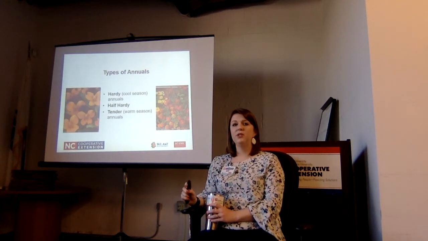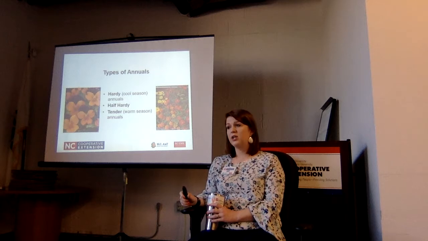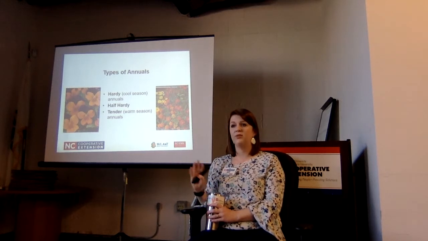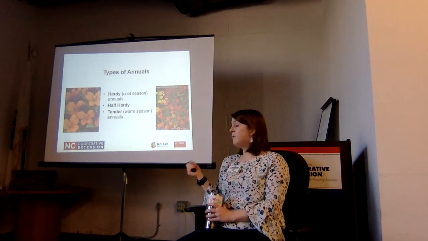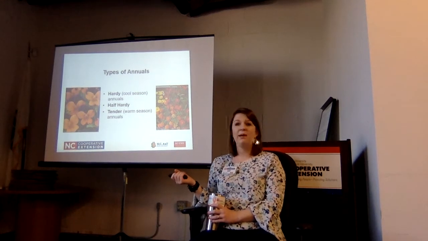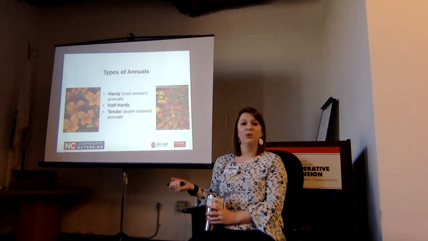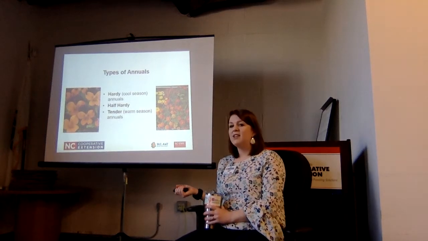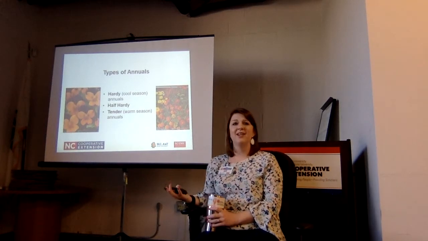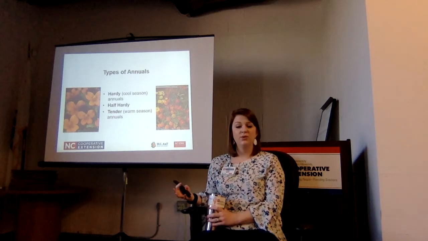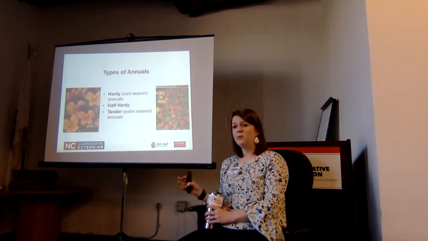So you do have a few different types of annuals. You've got hardy, which are the cool season annuals that grow in the spring and the fall. I've got a picture up here of a pansy, and pansies are not "pansies" because they do like cooler weather. Snapdragons are another example of a cool season annual.